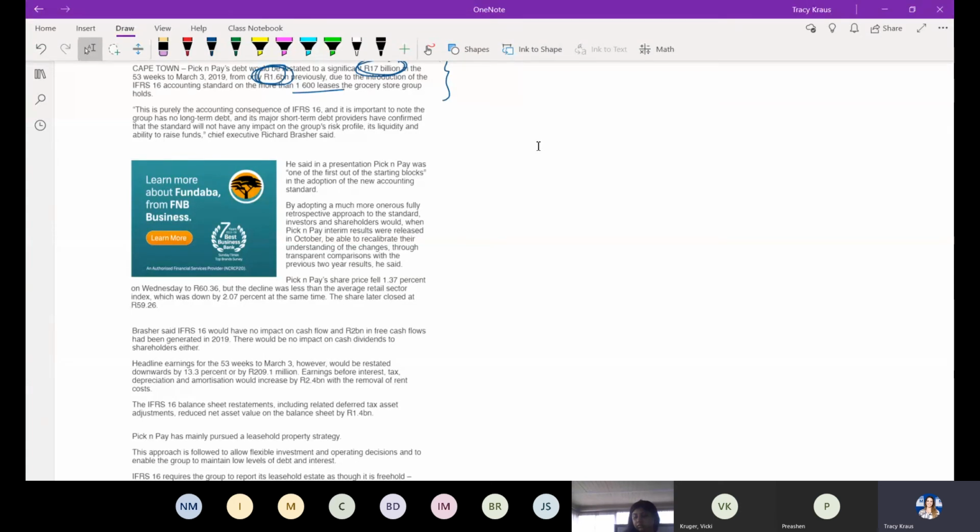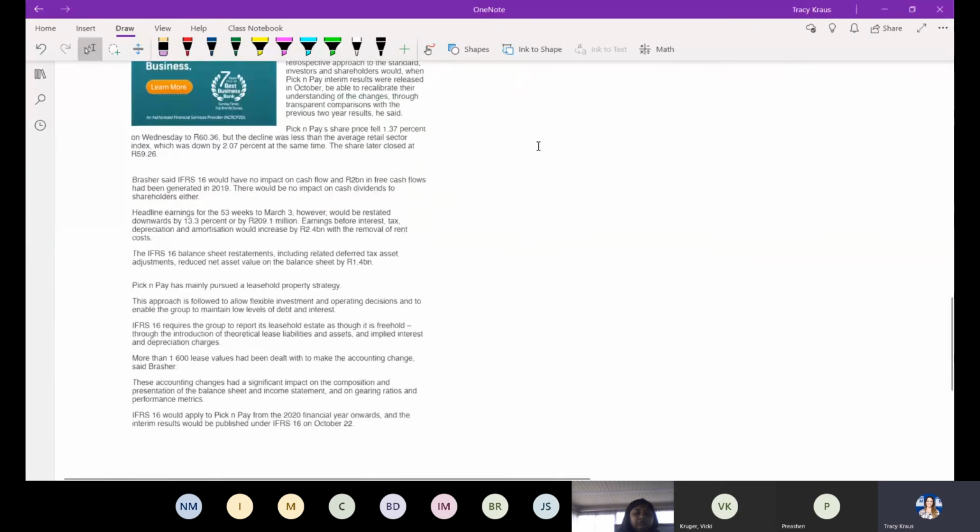And that's true. Nothing has changed. But they always had these obligations. The users of financial statements just couldn't see them. And so this enormous restatement also changed headline earnings. It had a deferred tax implication. It really had this knock-on effect to a number of things.